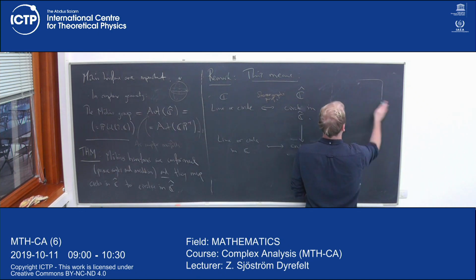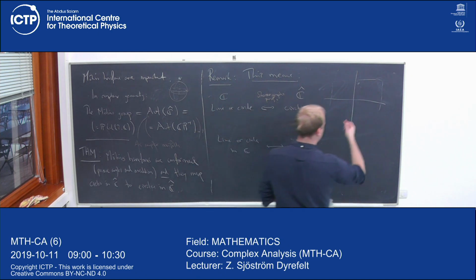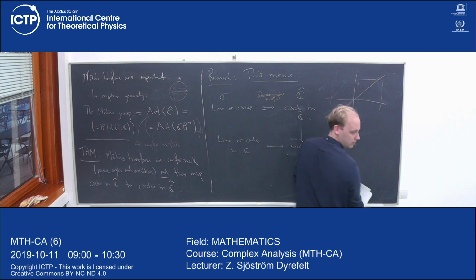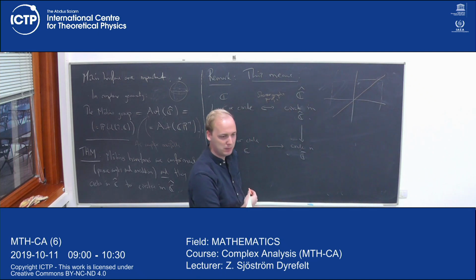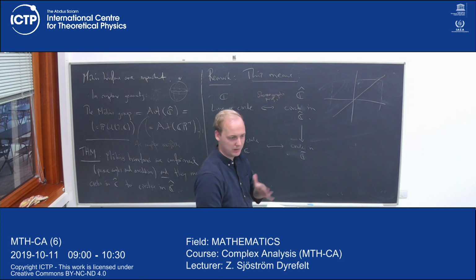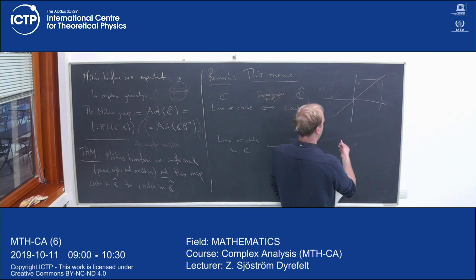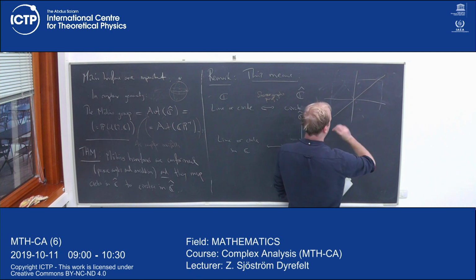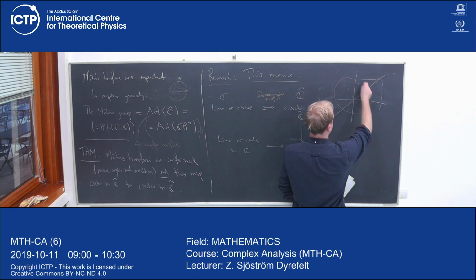So this means that if you are in C, and you take a line, such as this line, and you wonder where it is mapped under a Möbius transformation, az plus b over cz plus d, then it is always mapped either to another line or to some circle somewhere. Okay?